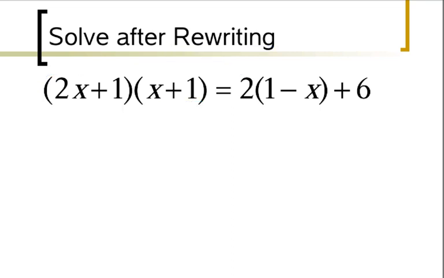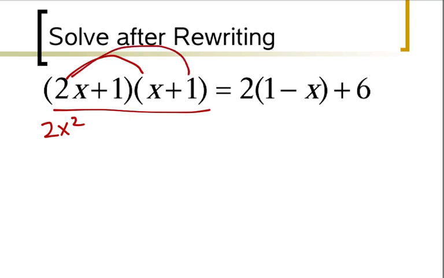So the first thing I need to do is FOIL the left-hand side. So I multiply my 2x times my x to get 2x squared, and then 2x times 1, which gives me my 2x, and then I take my 1 times my x, which gives me x, and 1 times 1, which gives me 1.